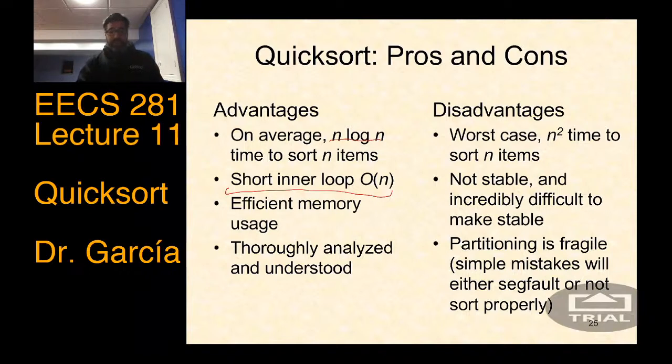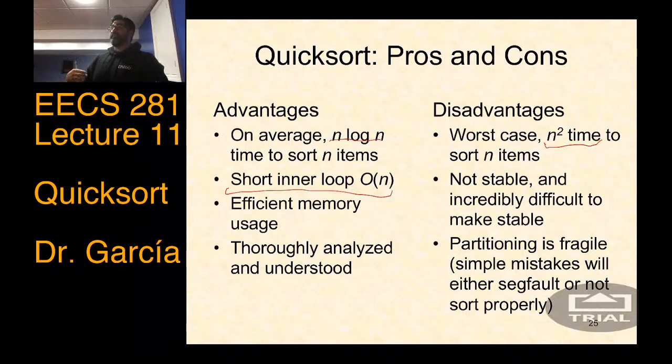So another disadvantage is the fact that in the absolute worst case, it's n squared time. Okay, but that is assuming a really bad pivot selection. So it's really a pathological case. You really would have to work at making the algorithm behave in n squared time. Okay, we showed you an example of that when our pivot selection strategy was kind of weak.